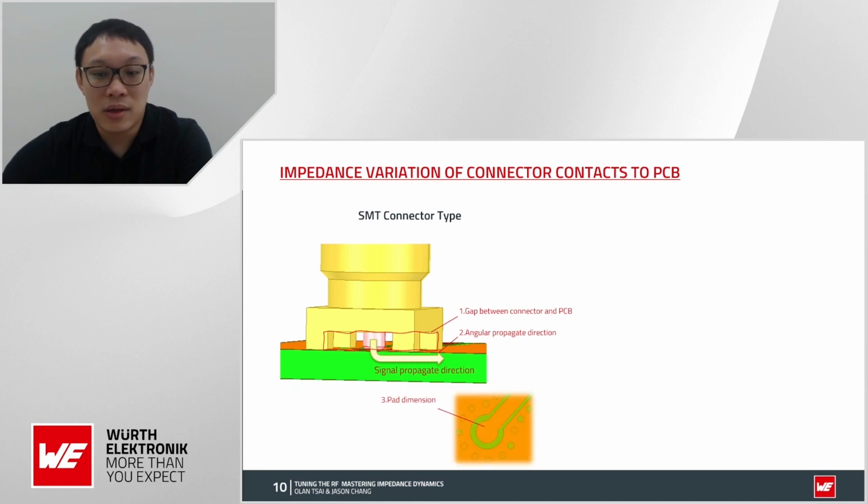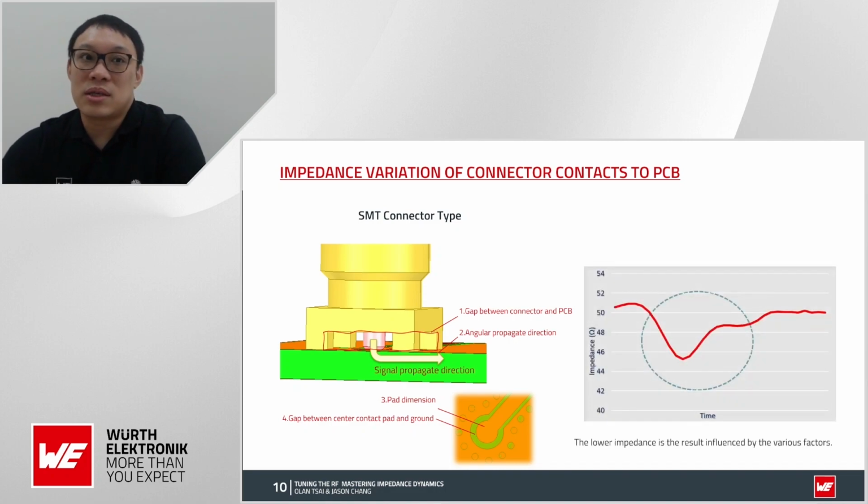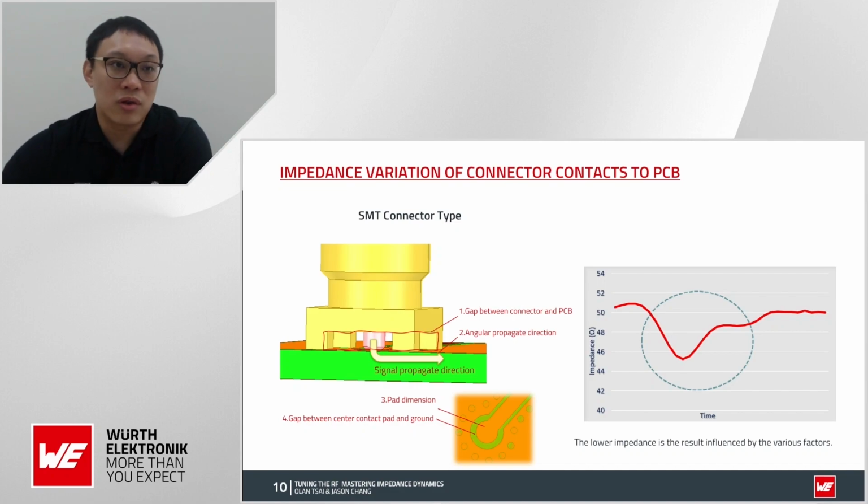And the third and the fourth are related to the pad dimension and the gap between the center contact pad and ground. If you directly place an SMT connector onto your PCB without tuning it, you will also get a lower impedance result after all.